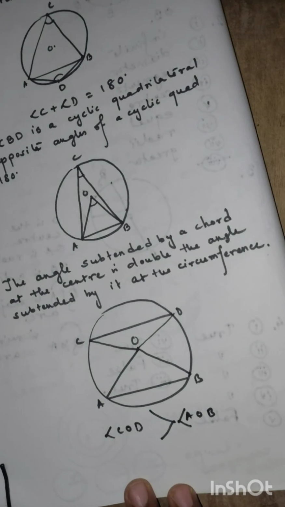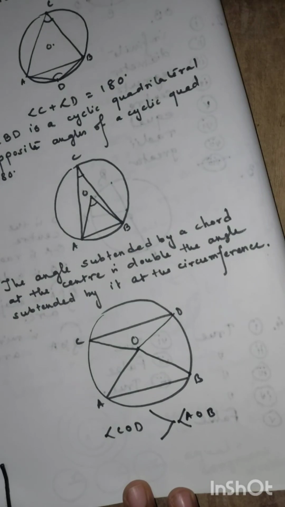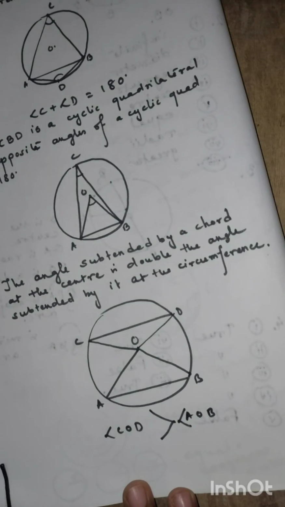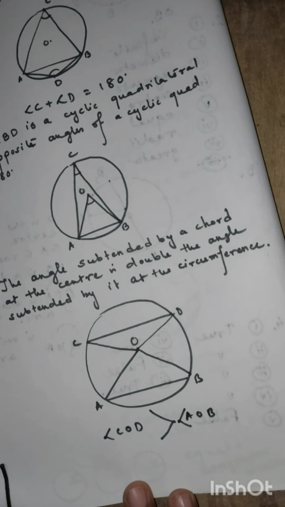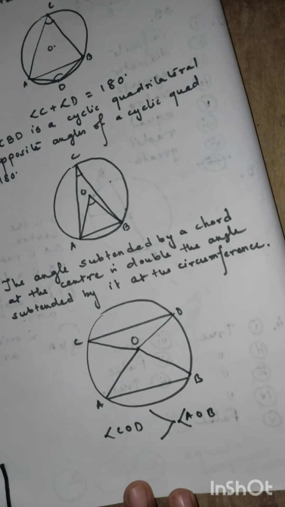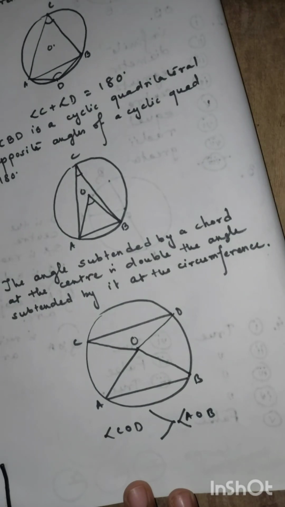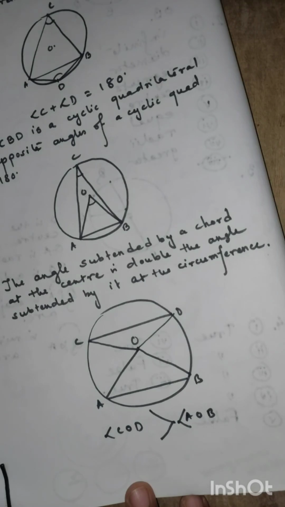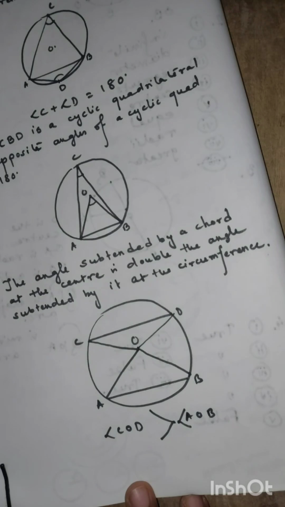So the angle subtended by the chord which is closer to the center is always greater than the angle subtended by another chord which is at a larger distance than the first chord. So angle COD is always greater than angle AOB.